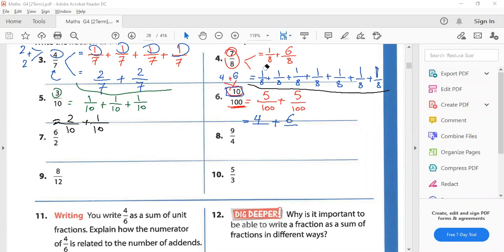This denominator is 100. 4 over 100 and 6 over 100. So if we add 4 over 100 plus 6 over 100, we will get the same fraction, right?